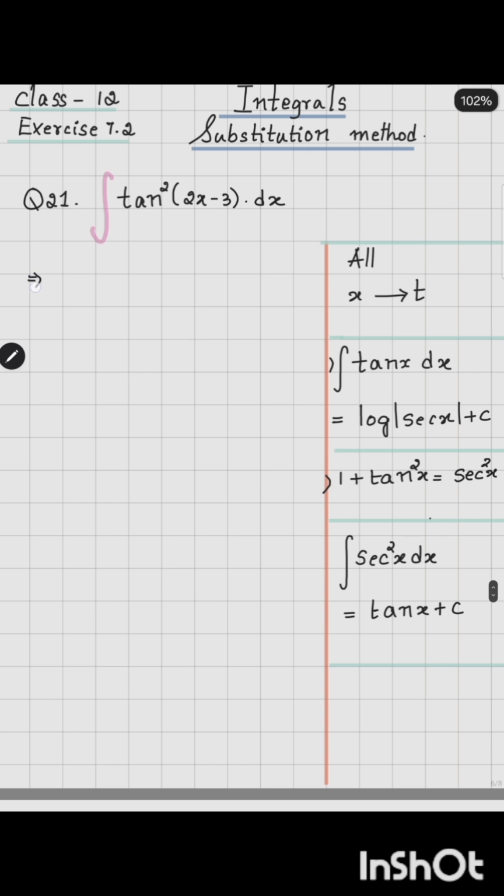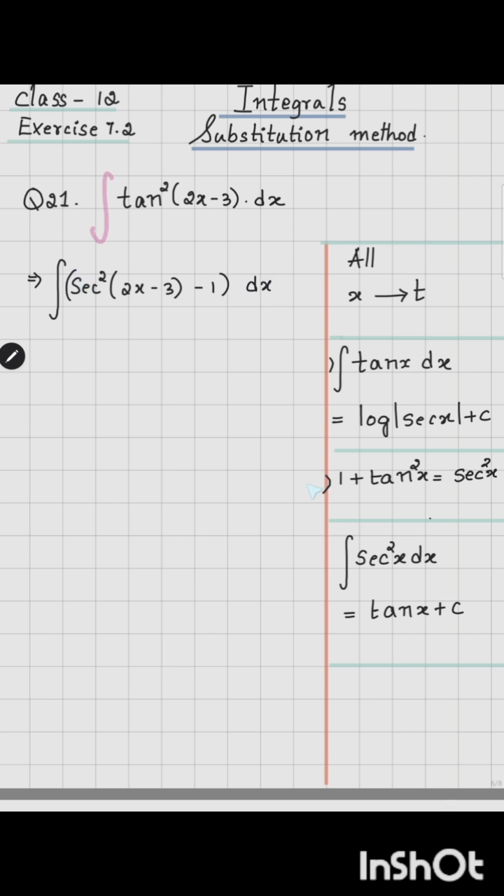So this implies the integral of secant square (2x minus 3) minus 1 with respect to x.